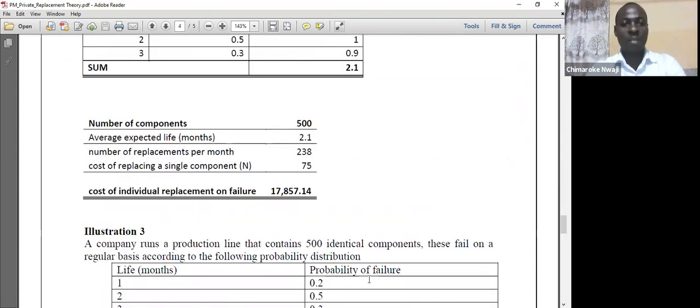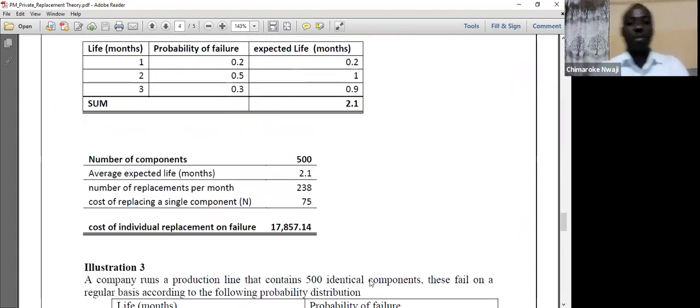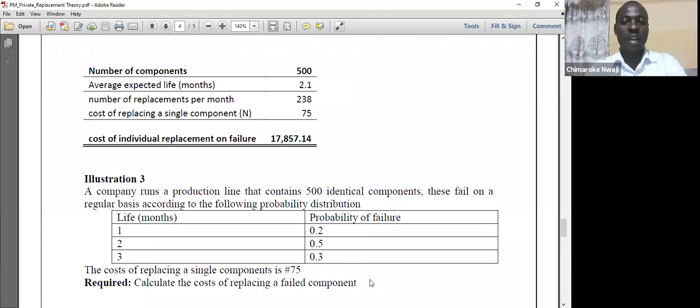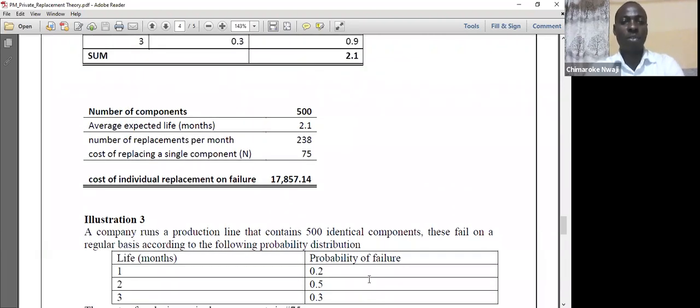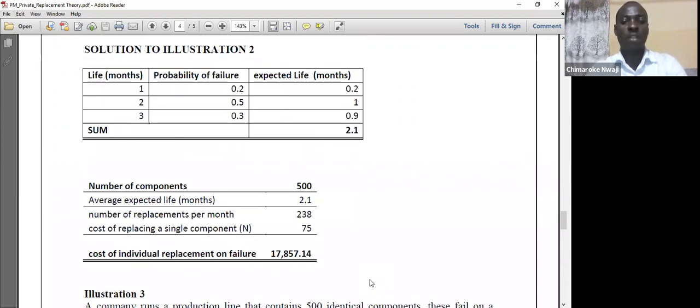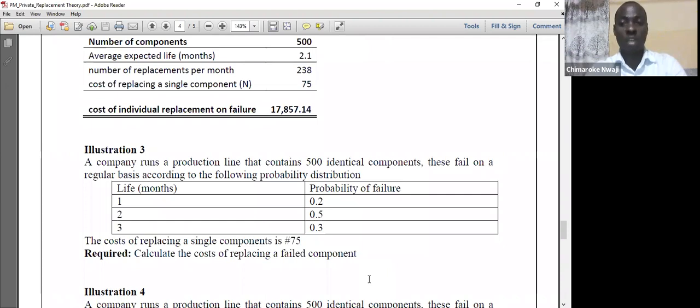Sorry, there's a mix-up here. This solution you see here to illustration 2 is actually the solution to illustration 3. I will send you a revised material that shows the correct posting. Now, look at illustration 3, which is what we are concerned with today.